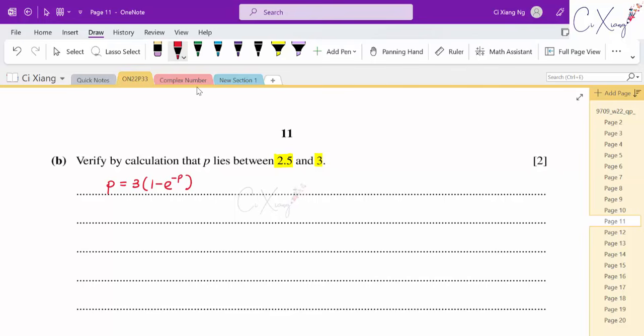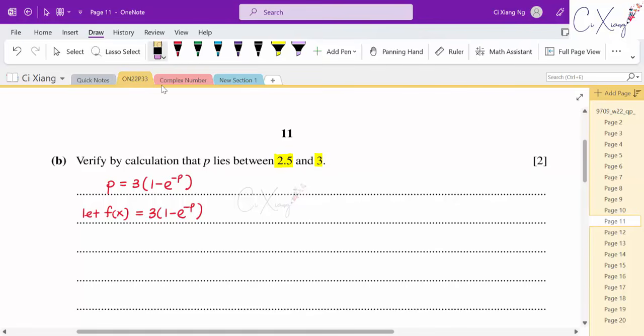To get the sign change, we need to move all the terms to only one side. So I let the function, sorry, shouldn't be x, should be p. I will let function f(p) equal to this, then minus p. I bring the p over, moving all the terms to one side so that I can get the sign change.